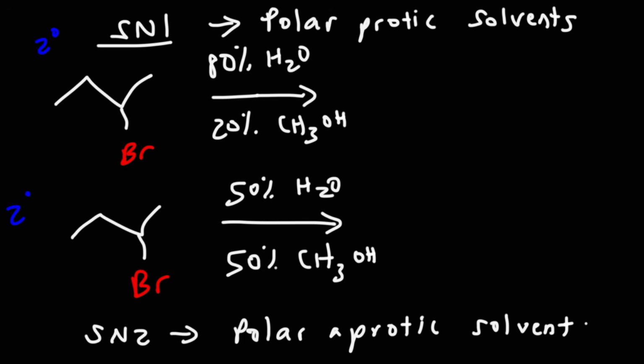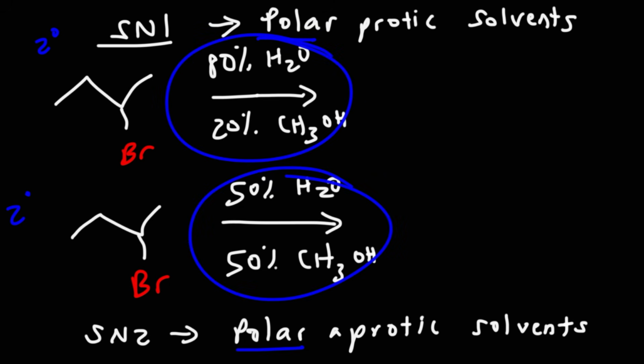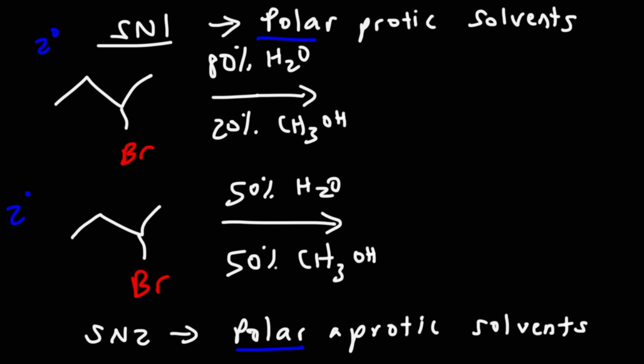The keyword is the first one in the phrase, polar. The SN1 and SN2 reactions are not very good in nonpolar solvents. They're good in polar solvents. So the real question, to determine which one's going to react faster, is which solvent mixture is more polar? So which solvent is more polar, water or methanol?